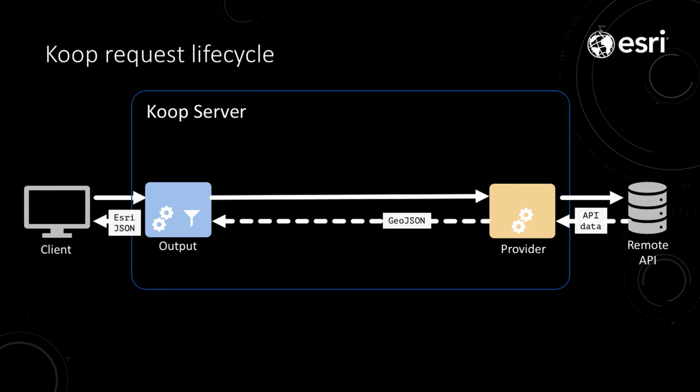It's obviously going to turn GeoJSON into whatever output format the output plugin is responsible for. So in this case, if it's a Feature Server or GeoServices API output plugin, then it's going to return Esri JSON. Output plugins can do more than that too. It can often do some post-processing operations like filtering or sorting before sending on to the client.